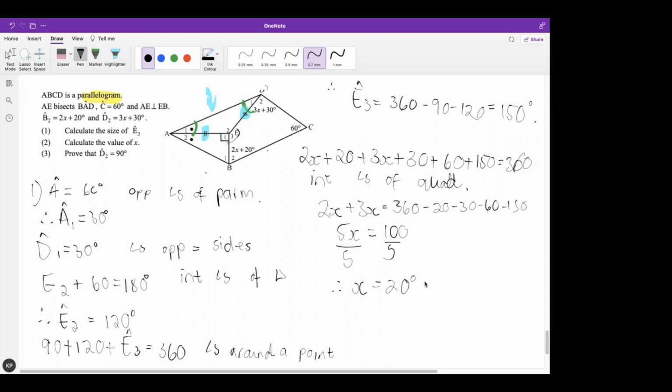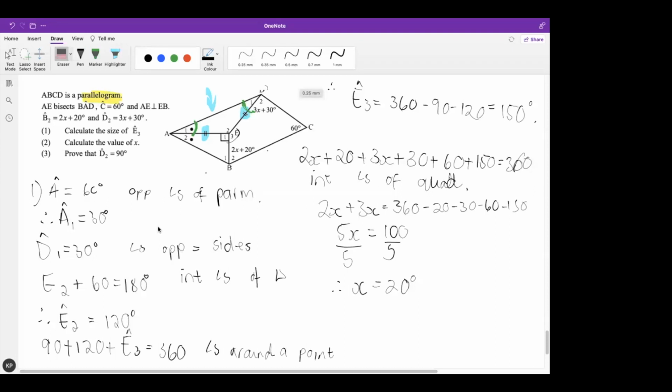Nice, guys. And then the last one, I think, is the simpler one. Prove that D2 is equal to 90 degrees. How are we going to do that? Anyone? Taylor's back. Yes.